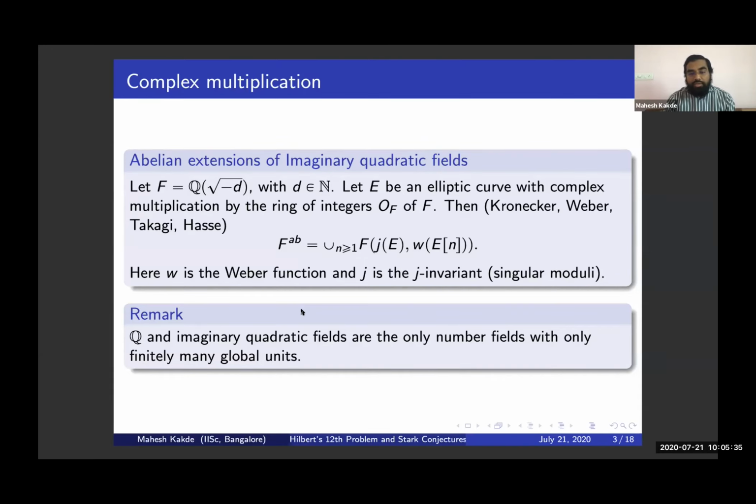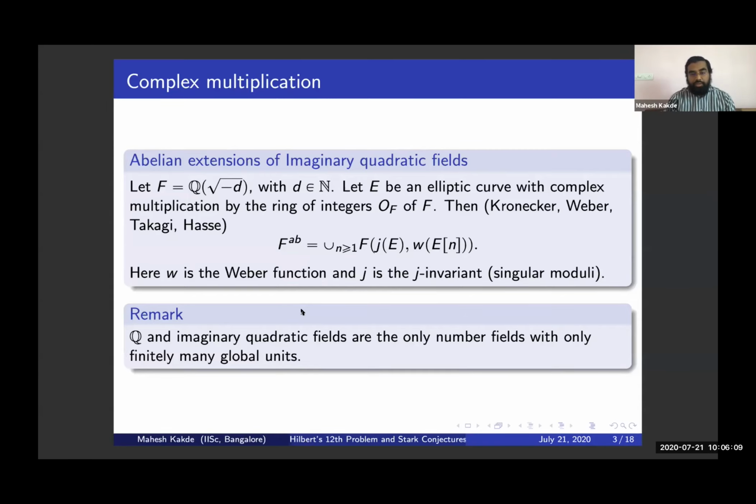That's one thing you adjoin to F, and the other things you adjoin are values of what is called the Weber function at torsion points of E. E is an elliptic curve, it has a group structure, and you take the torsion points of E and evaluate the Weber function at these torsion points, and you get abelian extensions of F, and you get all abelian extensions like this.